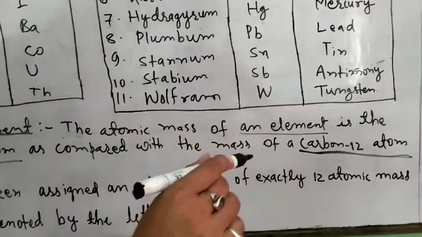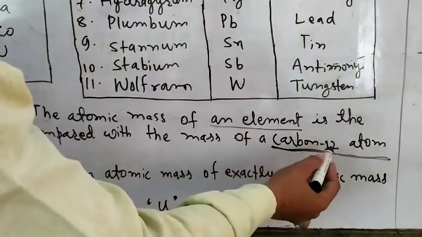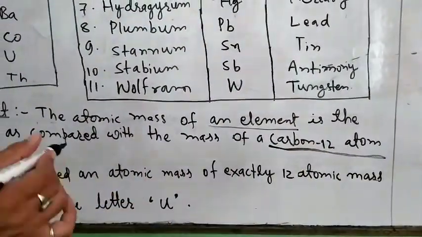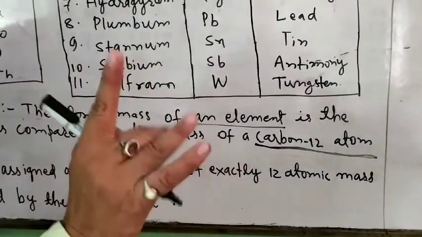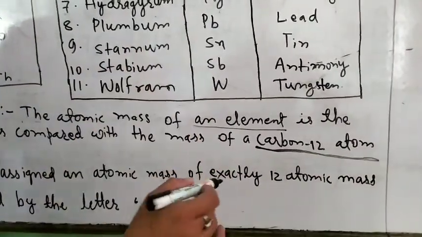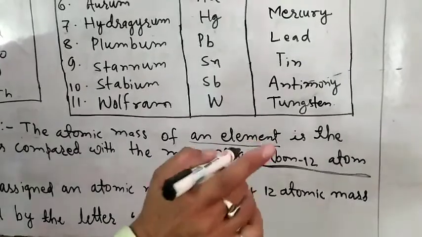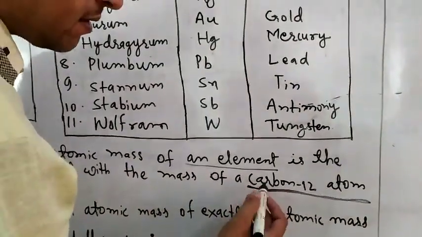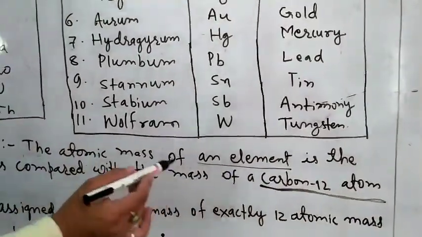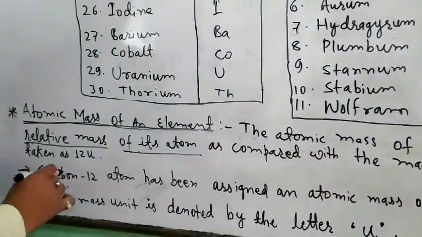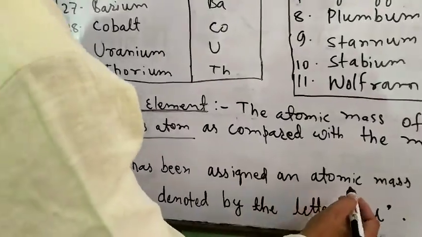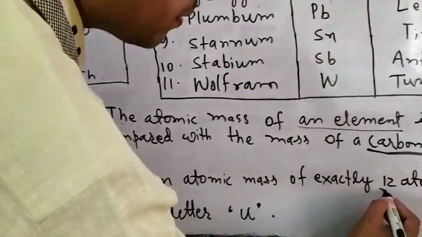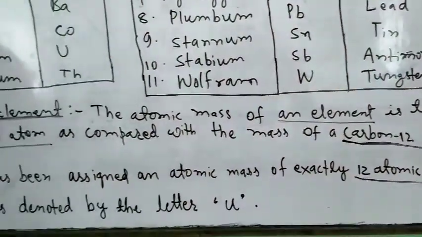A carbon-12 atom means the carbon atom whose atomic mass is 12, because carbon has 3 isotopes: carbon-12, carbon-13 and carbon-14. Among these 3 isotopes, scientists selected carbon-12 as the unit. The carbon-12 atom has been assigned an atomic mass of exactly 12 atomic mass units.